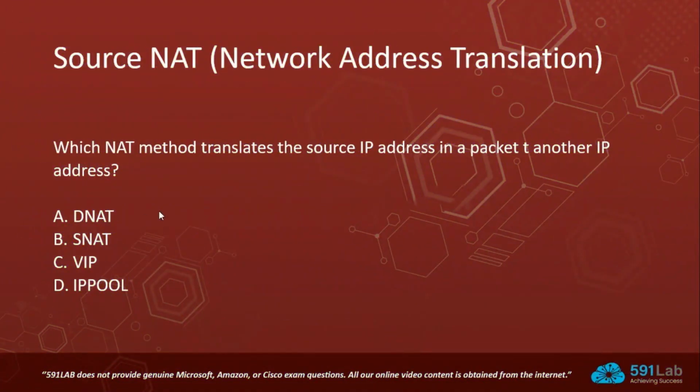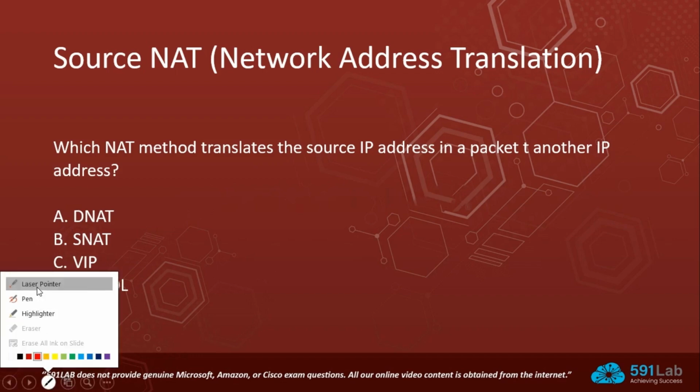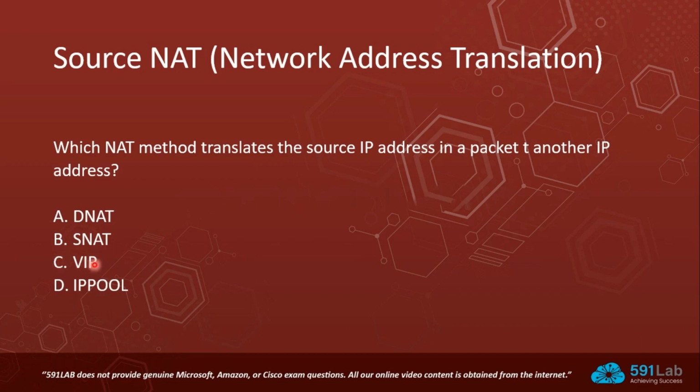Okay, let's go to the next question. Which NAT methods translate the source IP addresses in a packet to another IP address? Okay, there are 4 answers. First one DNAT, second one SNAT, third one VIP, virtual IP, last one IP pool. Okay, let's find out the correct answer.